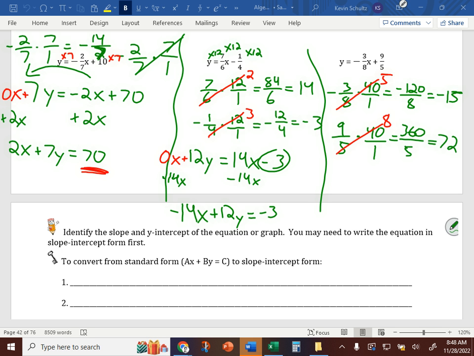So we now have, since we multiplied everything by 40, 40y equals negative 15x plus 72. What's our second and final step to getting this into standard form?